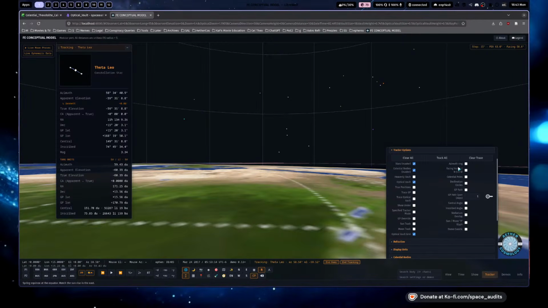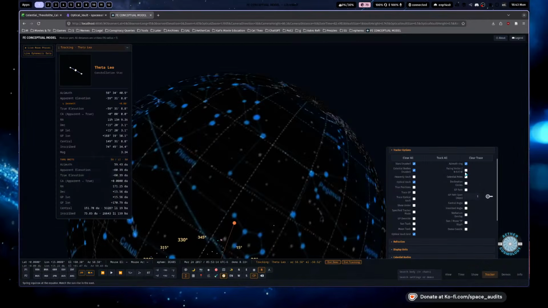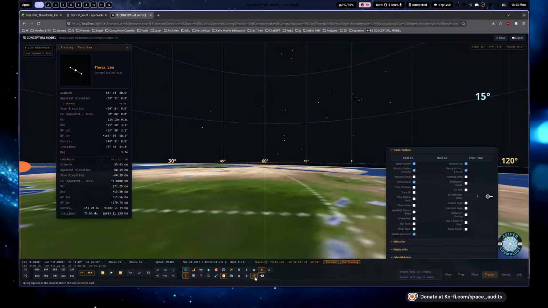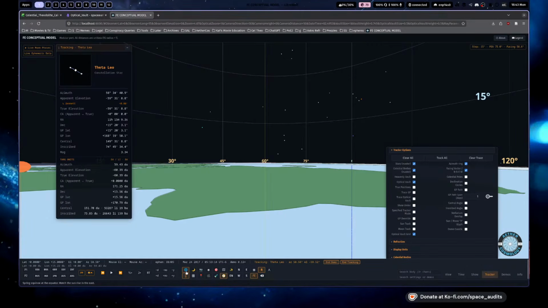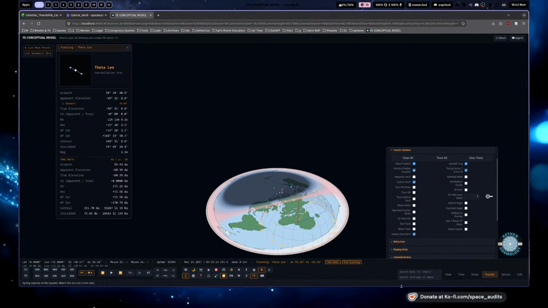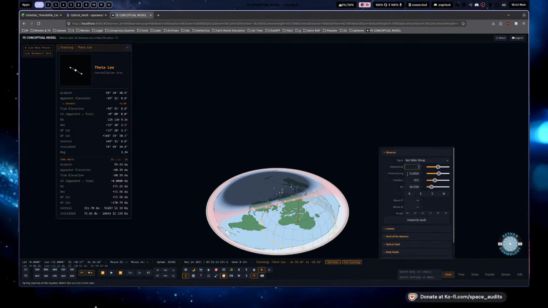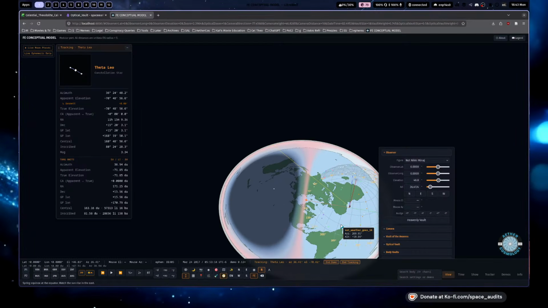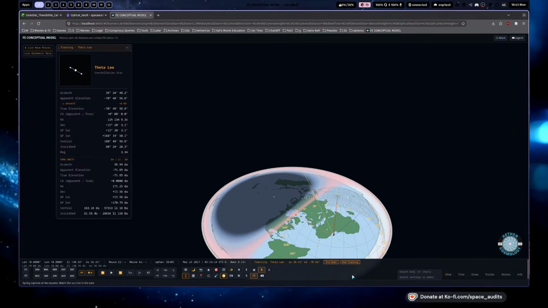Okay, and then we'll turn on the little azimuth ring. So you can see here we're looking. Well, let's go to the equator. Let's go directly there. Okay, so now play out the demo.